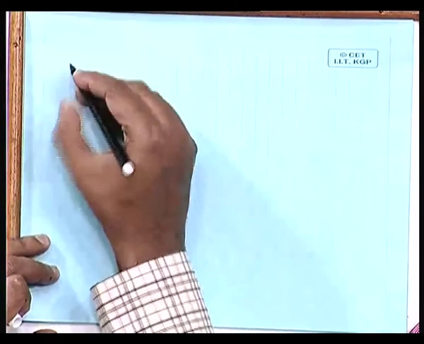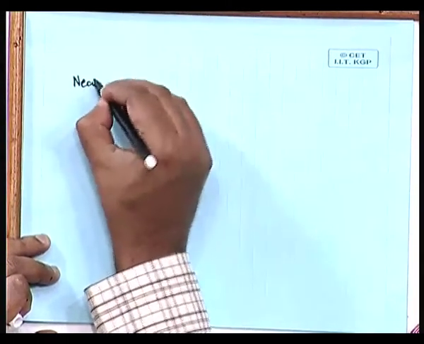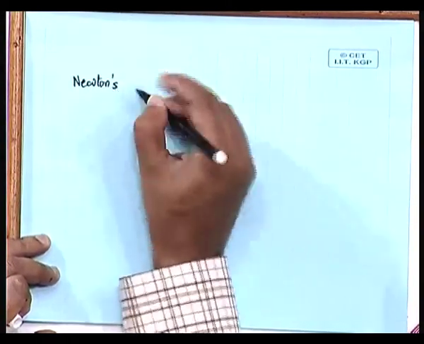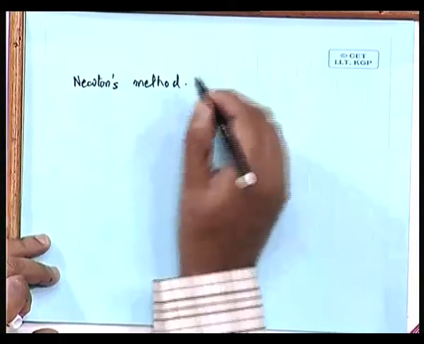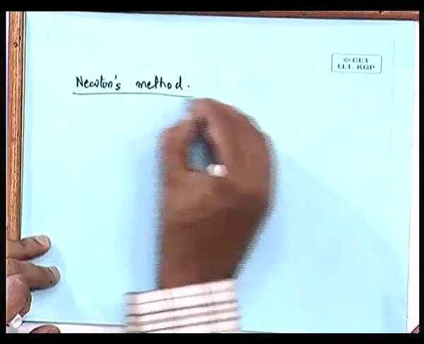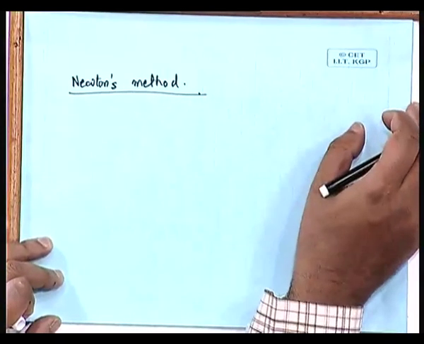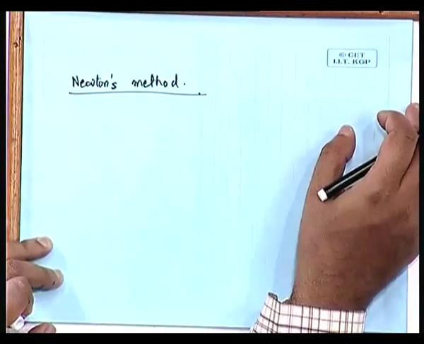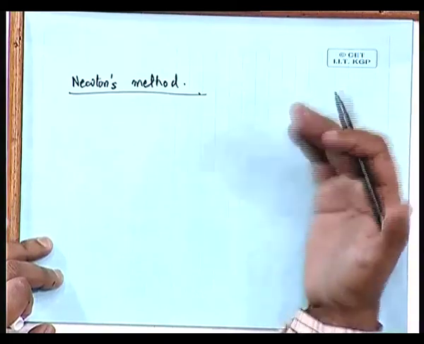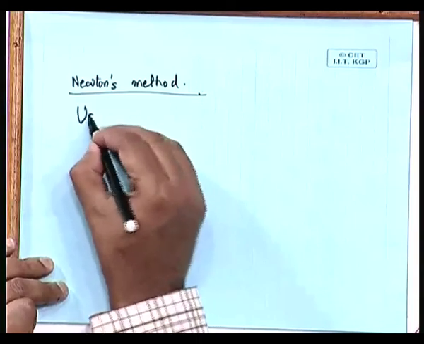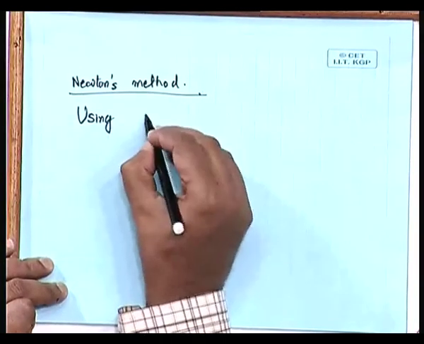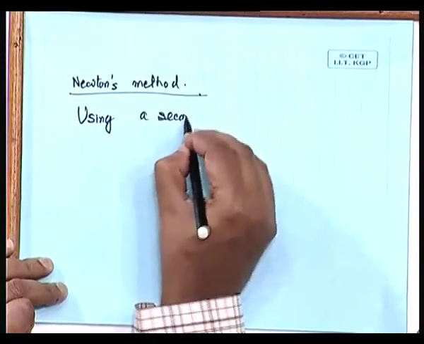So, using Newton's method, we can follow unconstrained optimization. Here the basic idea is to minimize the quadratic approximation of the cost function, using a second order Taylor series expansion around W n.